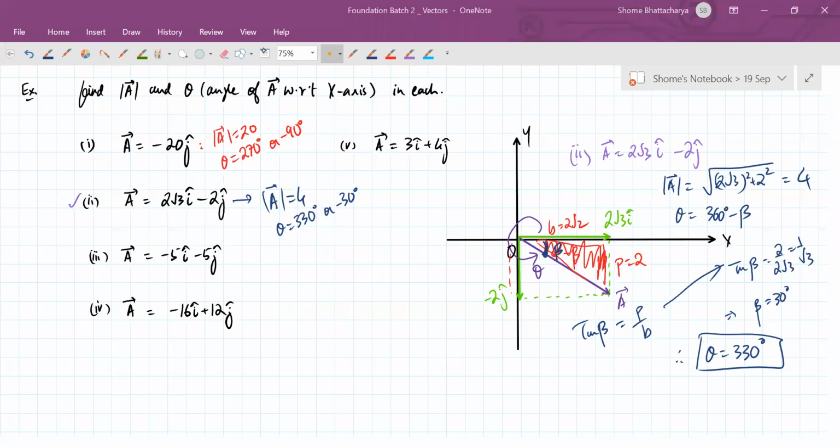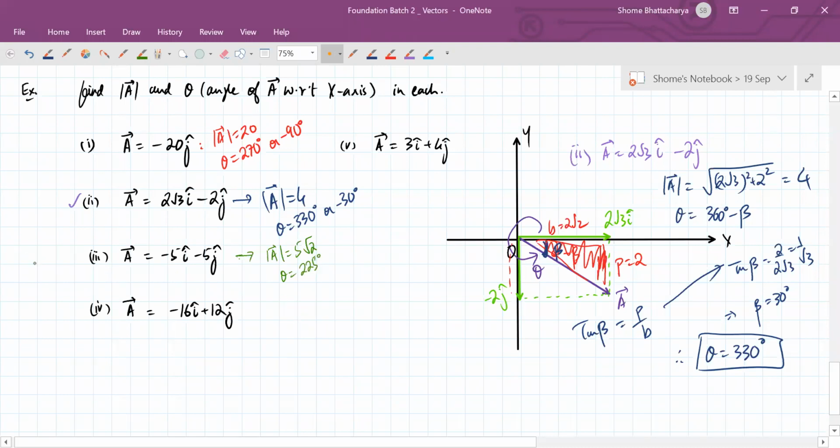Now next one, this should be 5 root 2 and the angle should be 225 degrees.